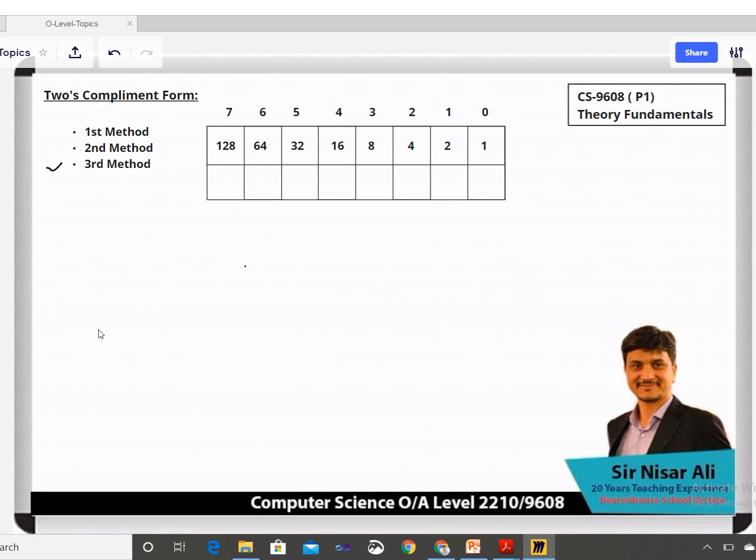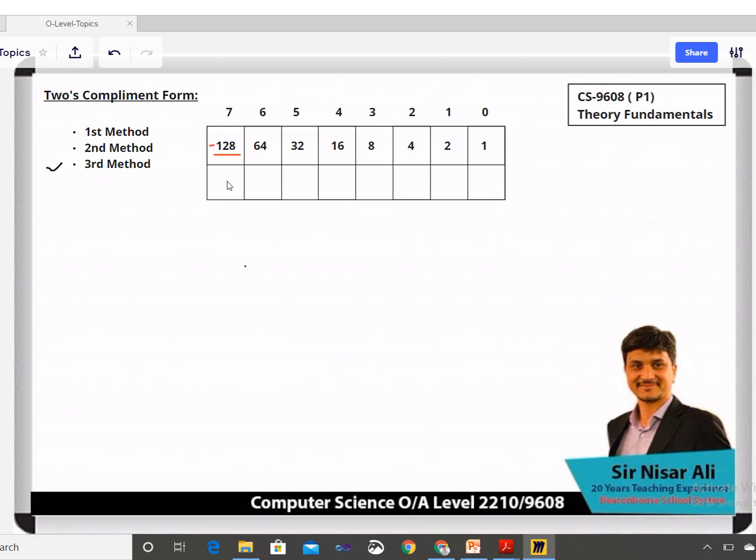Okay, there is one more point which I would like to add in the end: if we take this most significant bit as a negative number, we can have different representations of different numbers.